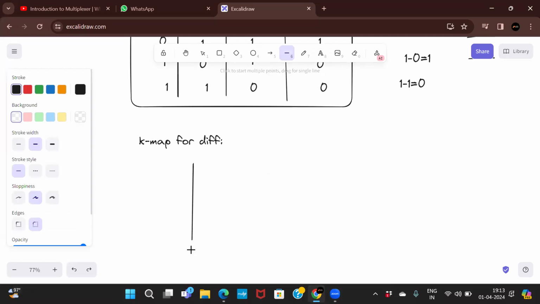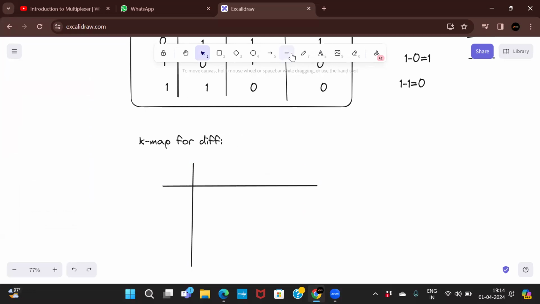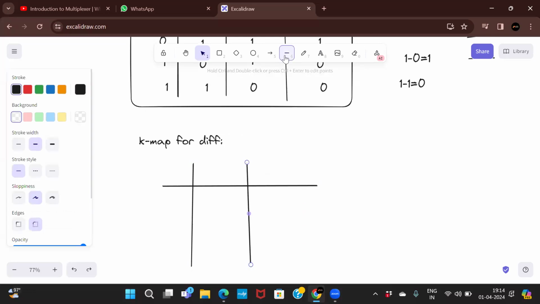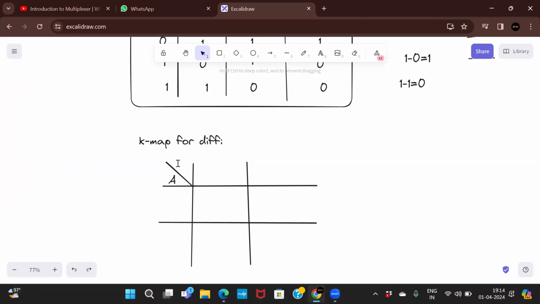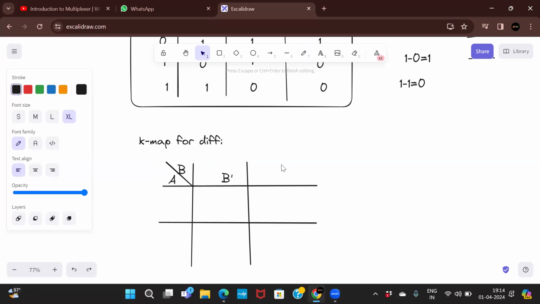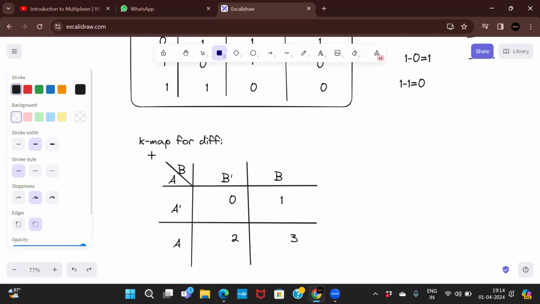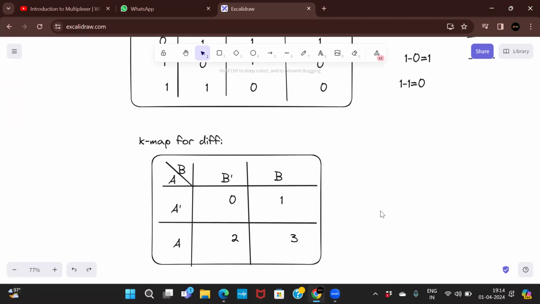Write A and B, with B bar and B, A bar and A. This is cell 0, 1, 2, 3. This is the K map.